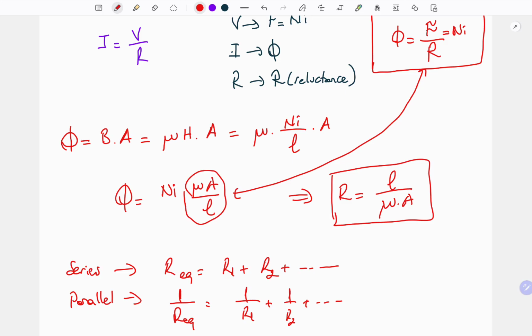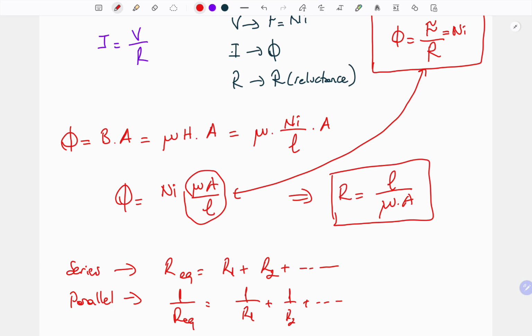Lastly, let's make some assumptions to simplify the calculations. The assumptions in magnetic circuit calculations are based on simplicity and to make the calculations clear for us.